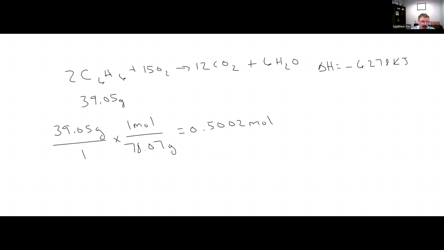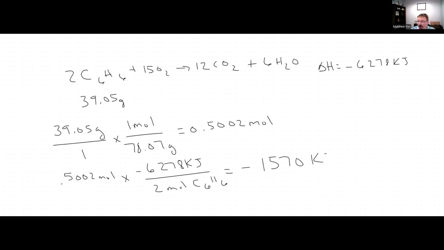So we're going to take the moles that we have times the amount of energy that we get for every 2 moles of that C6H6, and we should get 1,570 kilojoules of energy that comes out.